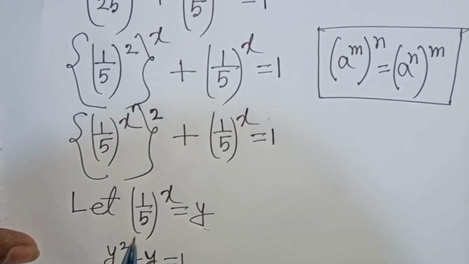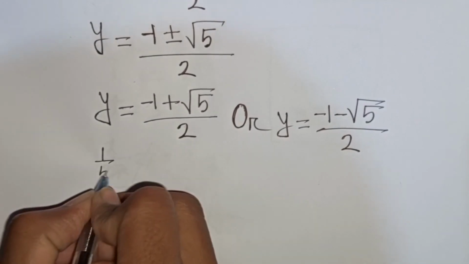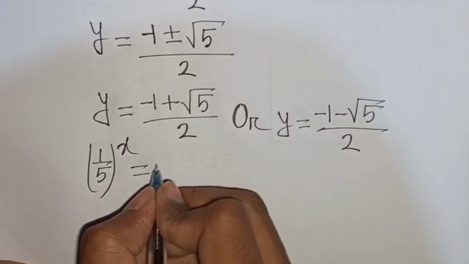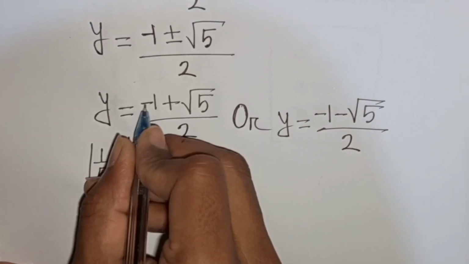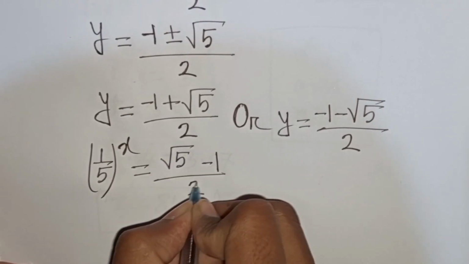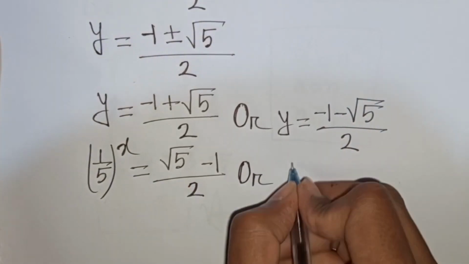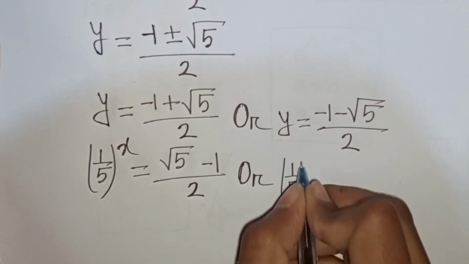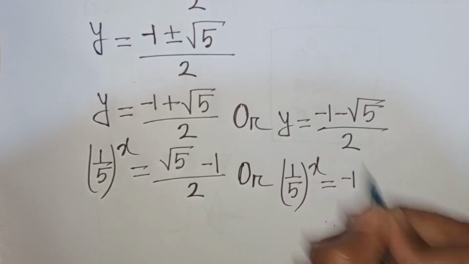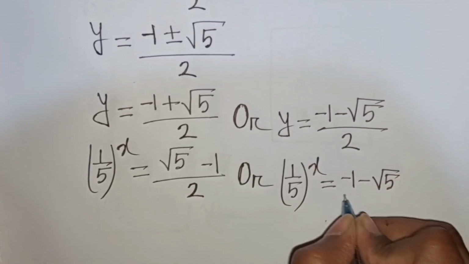So 1 by 5 bracket power x is equal to square root of 5 minus 1 divided by 2, or 1 by 5 bracket power x is equal to minus 1 minus square root of 5 divided by 2.